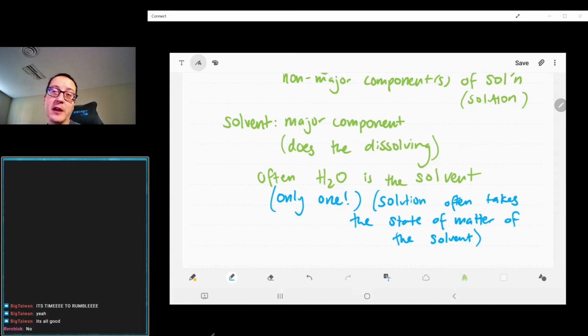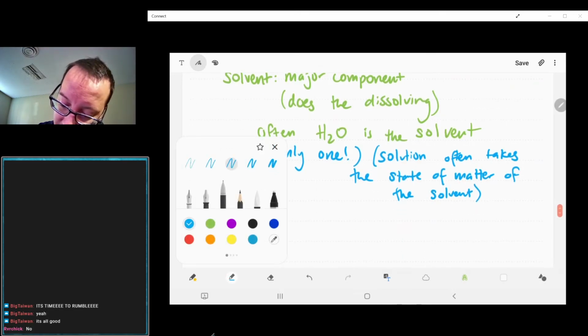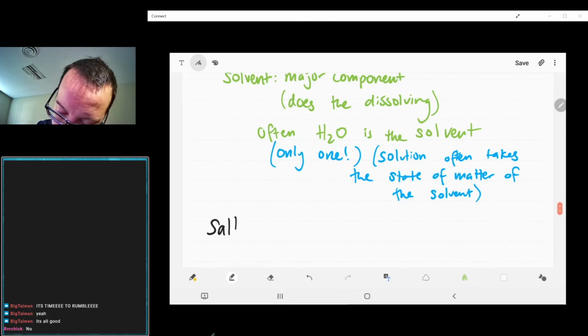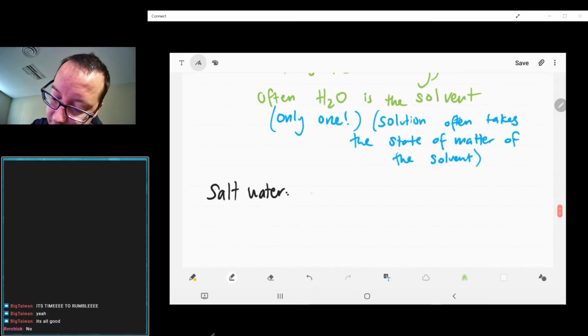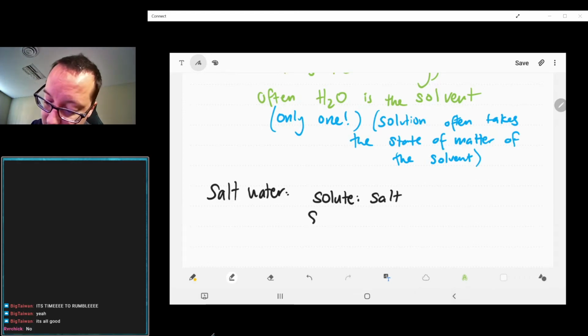So if you're at all confused, whatever state of matter you see your solution in is likely the very same state of matter that your solvent would be at room temp, or at whatever temperature you're looking at. If we look at something like salt water, of course we have the solute, which would be salt, and the solvent would be water.